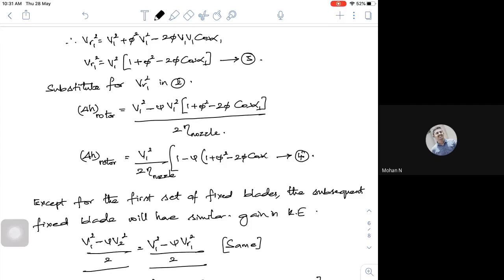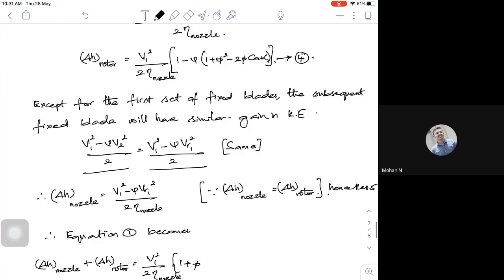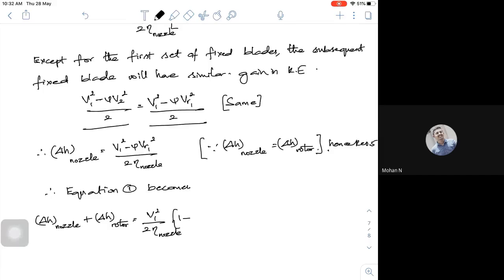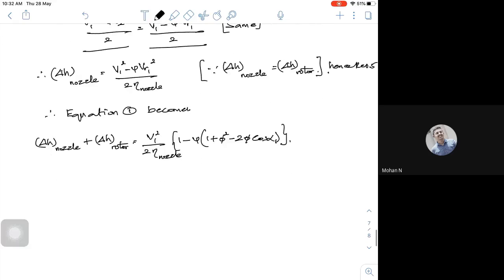For each and everything I have to write it. This will be 1 minus psi into 1 plus phi square minus 2 phi cos alpha 1, the same thing written again, plus V1 square by 2 into efficiency of nozzle, 1 minus psi into 1 plus phi square minus 2 into phi into cos alpha 1.